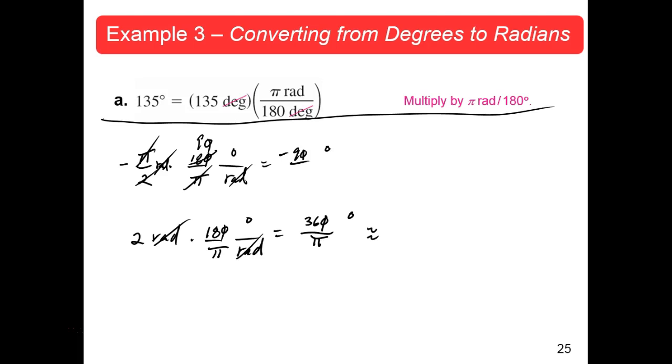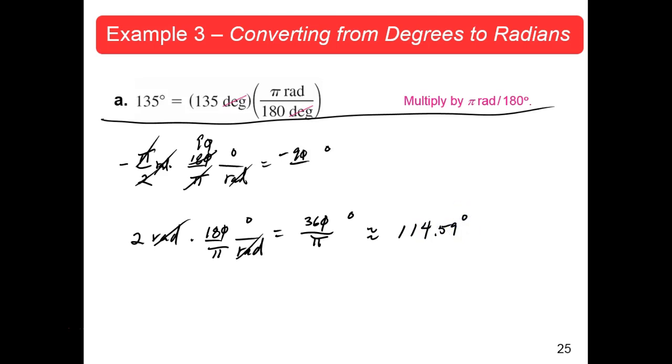What do you get? Approximately. A little louder. Okay, my hearing is terrible. 121, I think that's a little too much. 114, that sounds a little bit better, and they actually do 114.59 degrees.